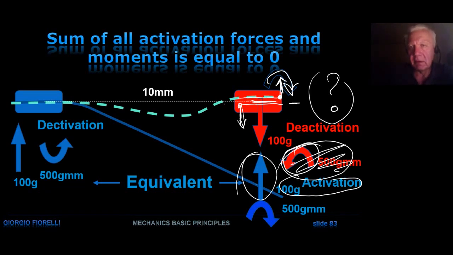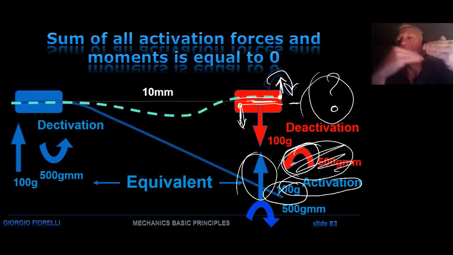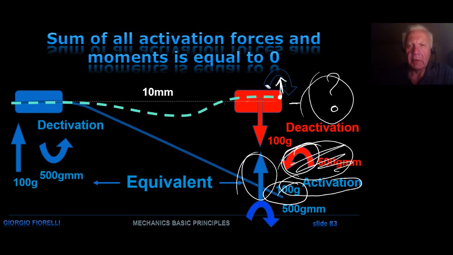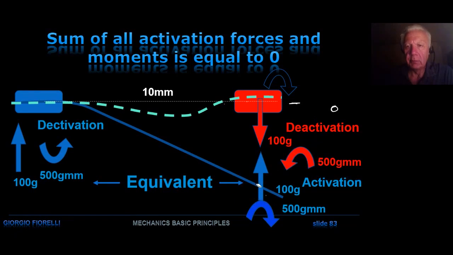And since this is a question mark, also this 100 gram force of activation is not actually what will be applied to the tooth. So the real thing is that once you are engaging the wire into the bracket, you have no practical way to measure the force and the moment, and you don't know any of them.